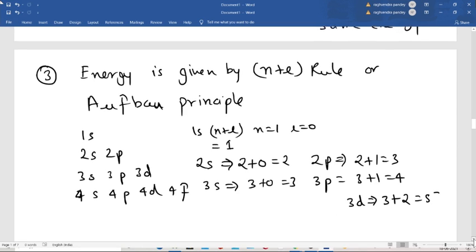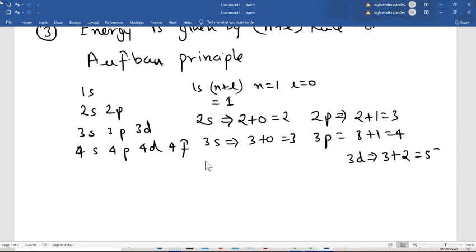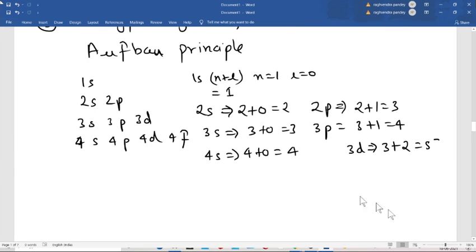Then comes the 4s: 4 plus 0, 4. Then again 3p and 4s have the same value, 4. There is no unit for that, like kilojoule or something; it is only written as a number. Up to 4s we have done.